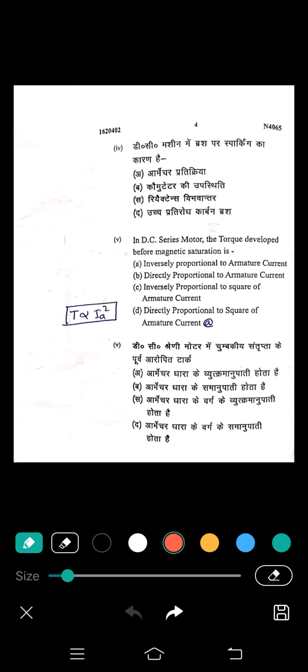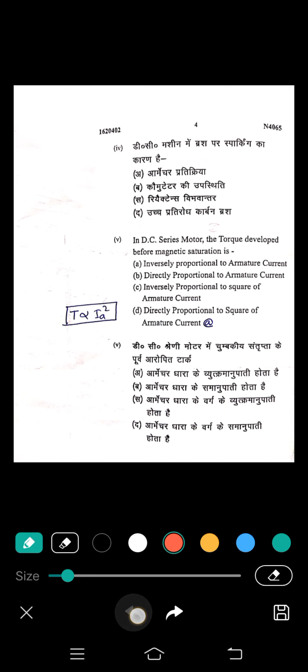For a shunt motor, the torque is simply directly proportional to the armature current, but in a DC series motor, torque is directly proportional to the square of the armature current. Correct answer: option D.